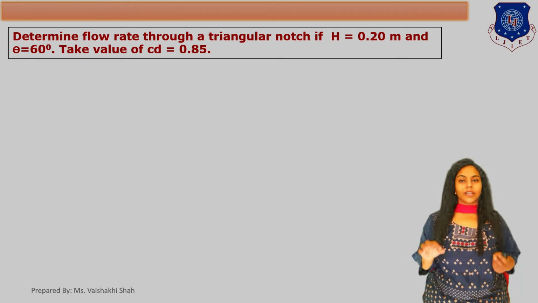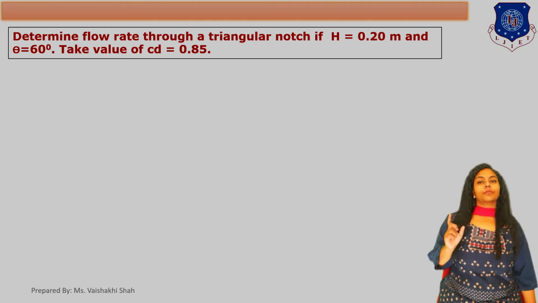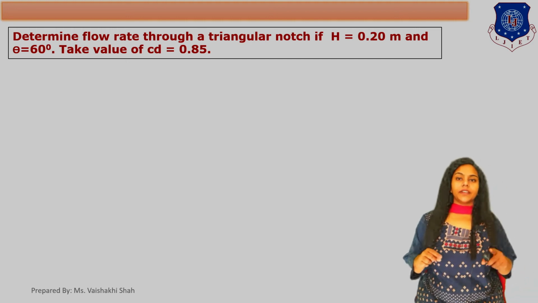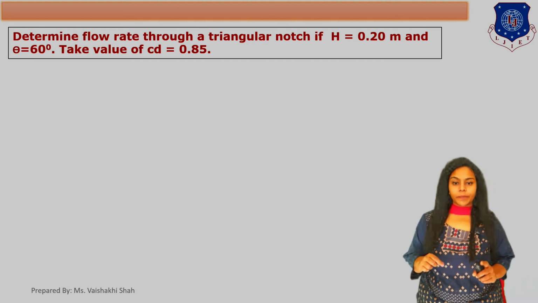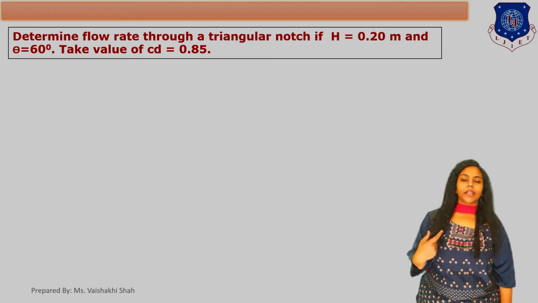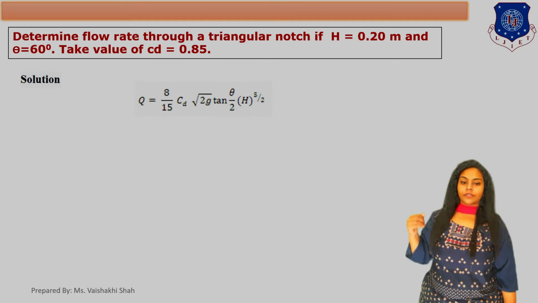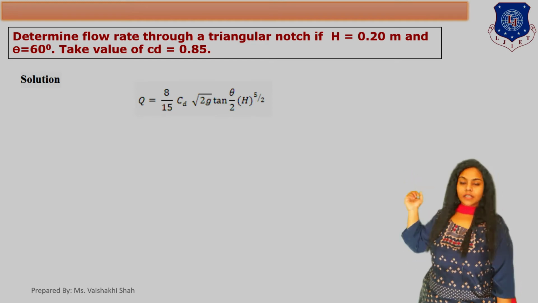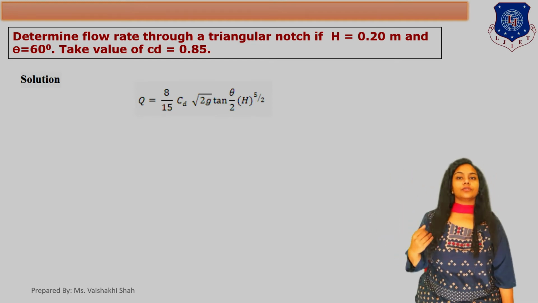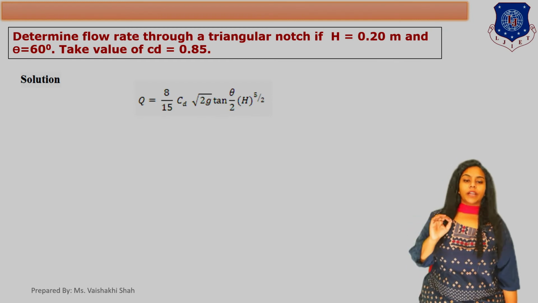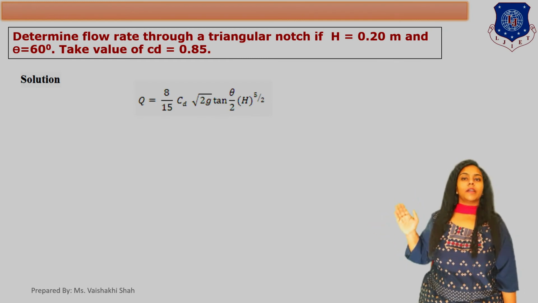So let's solve our first example. The data given is: determine the flow through a triangular notch if H equals 0.2 meter and theta equals 60 degree. Take the value of CD as 0.85. The equation for discharge is 8 by 15 CD under root 2g tan theta by 2 into H raised to 5 by 2.